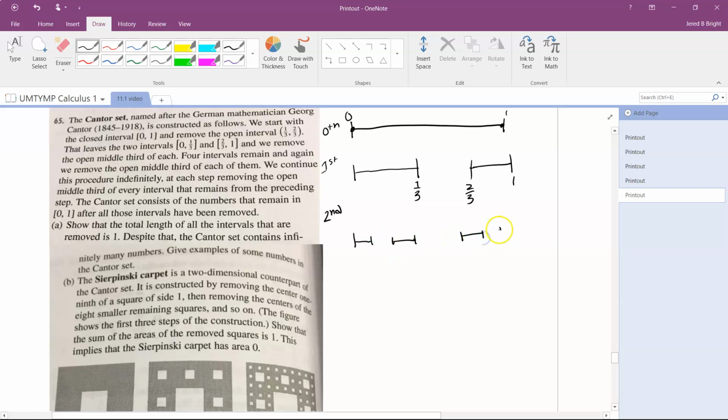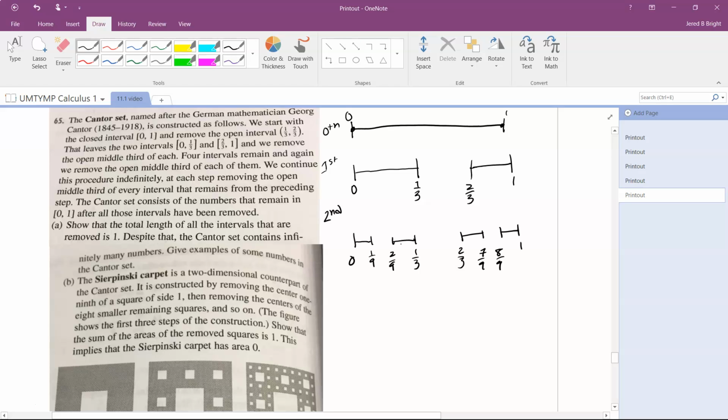So this is 1, this is 2/3, this is 1/3, and then this is 0, and then this is 1/9 and 2/9, and then this would be 5/9. You know, because that's 7/9 and 8/9. Okay, and then again, third stage, you divide each of the remaining segments in thirds, and then take that out.